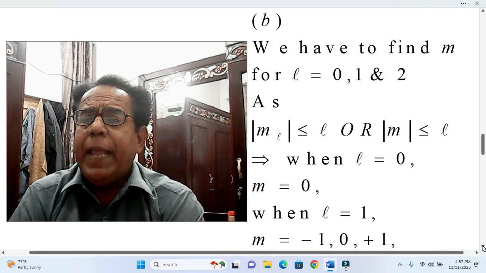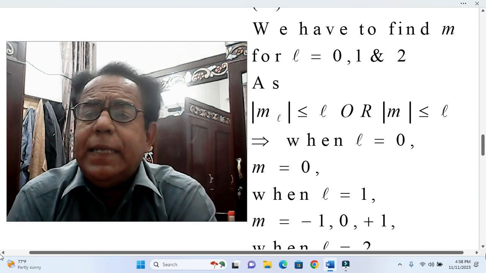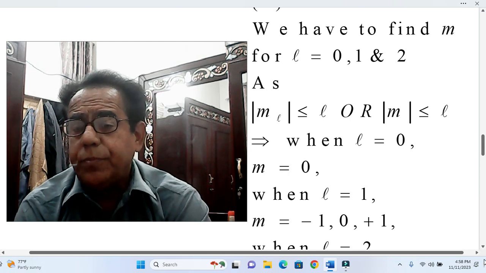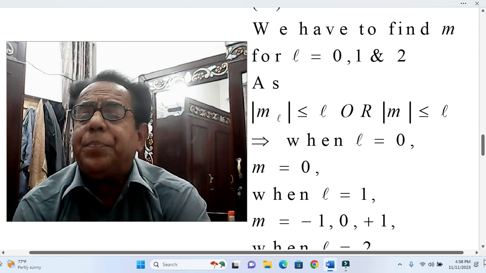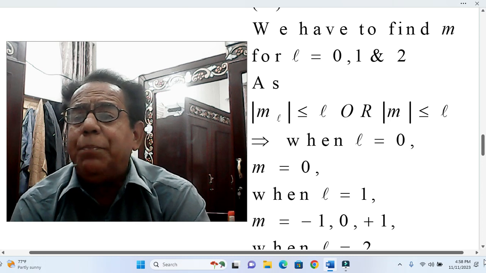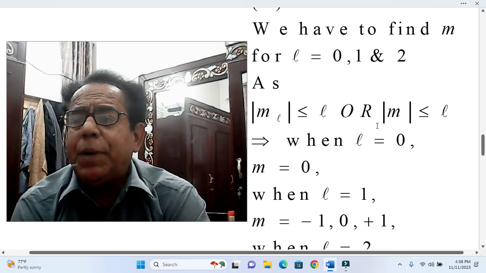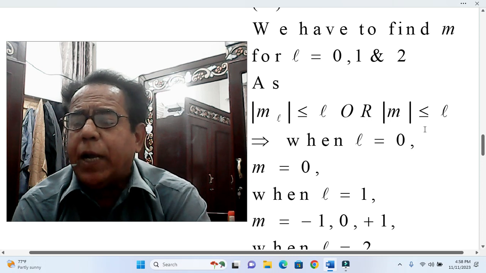Small m subscript l, the absolute value of m l, is either equal to or less than small l.